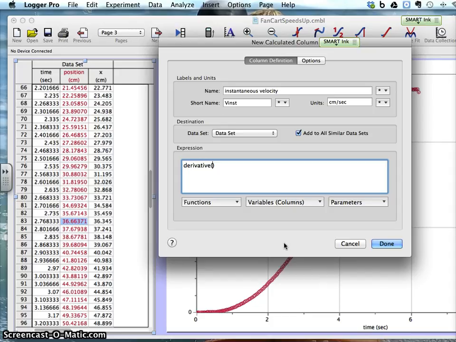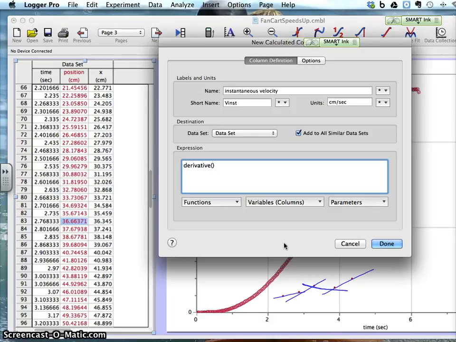Wait, hold on a second. Where I got confused is the way I used to do this is I'd have LoggerPro take the slope of our data. In other words, the slope of positions. And you can see that's going to have a lot of error. Do you get what I'm saying?